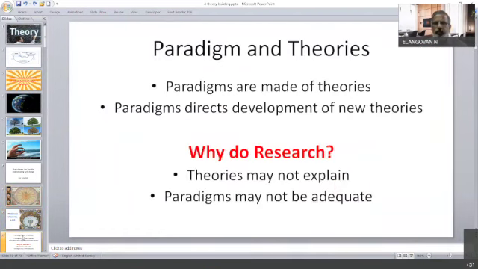Now, the connection between the paradigm and the theories. See, the paradigms are made of theories.